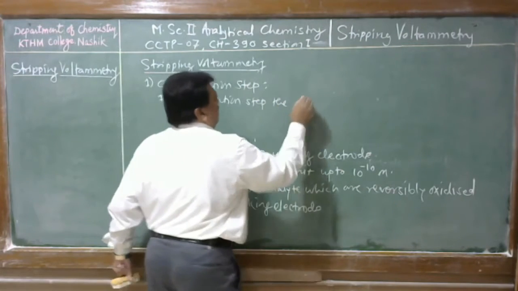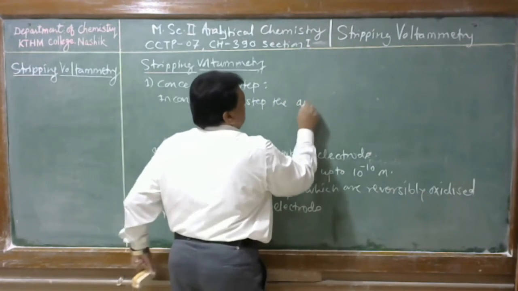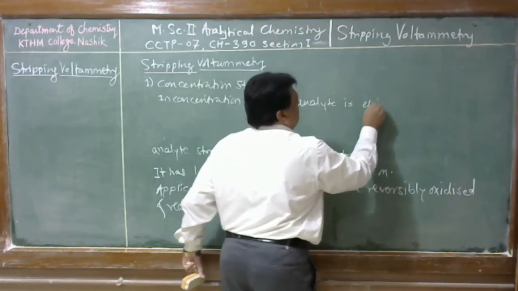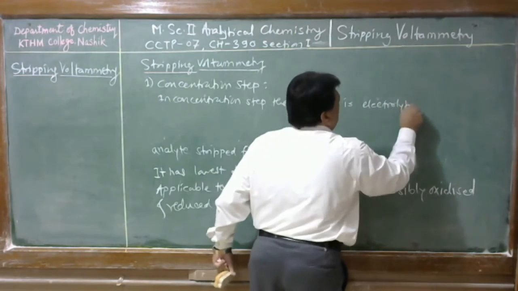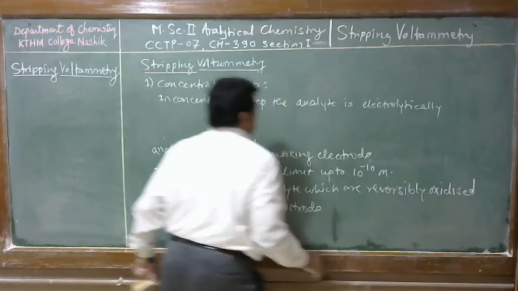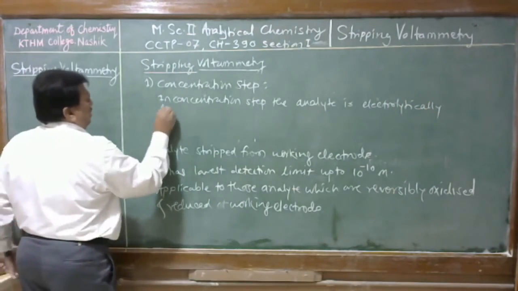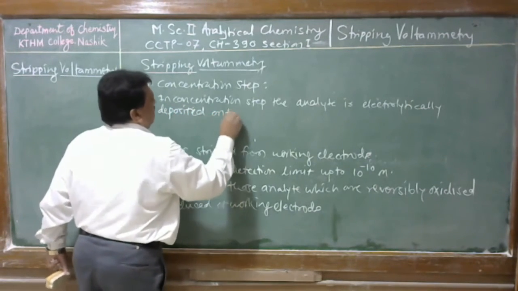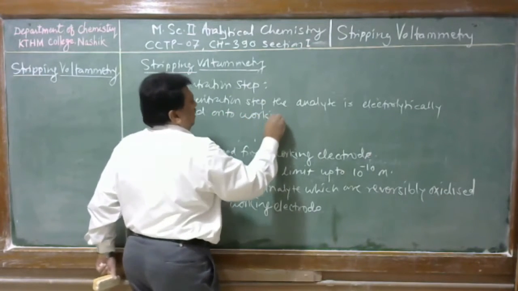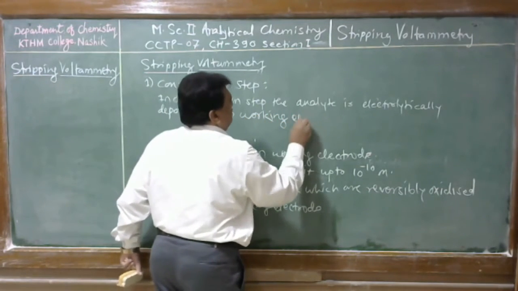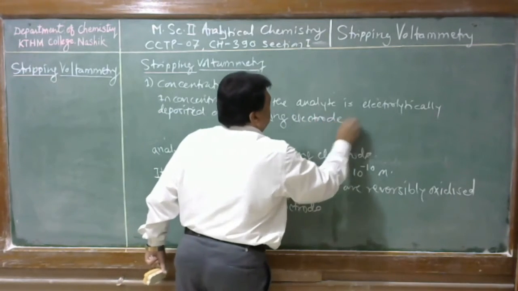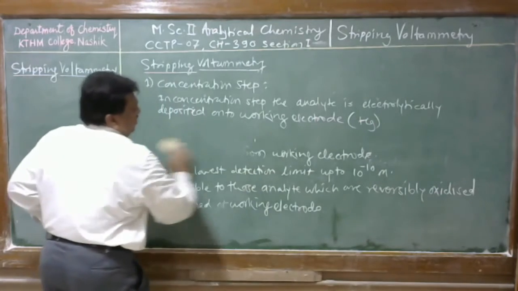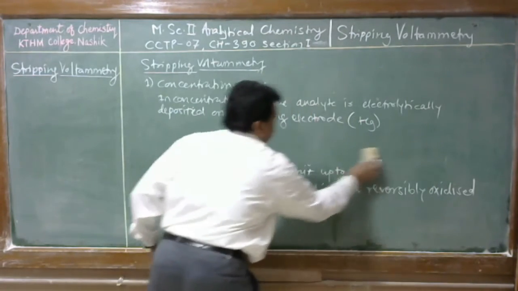The analyte is electrolytically deposited onto the working electrode, generally made up of mercury. This electrode deposition process is carried out in a measured time.